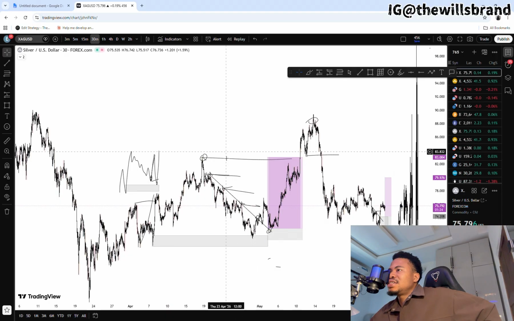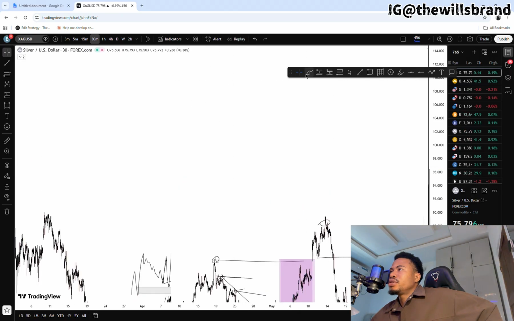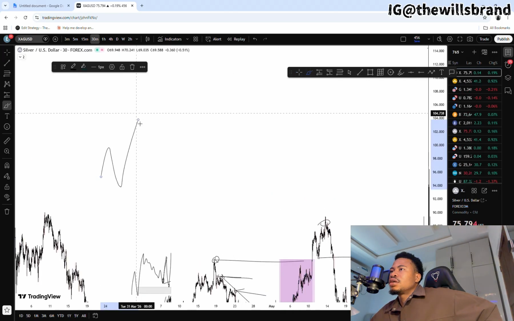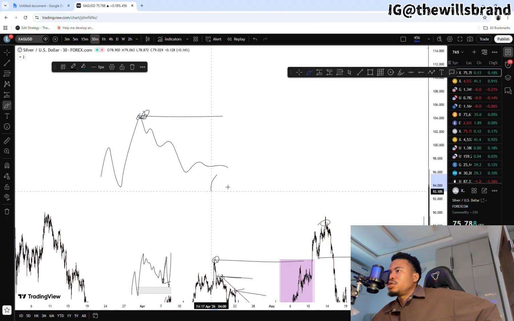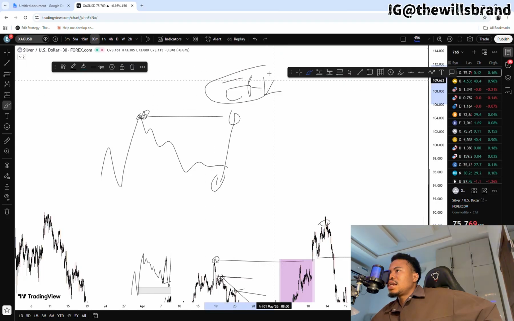External range liquidity is that high, like when we have an impulse, then the correction. So your range high is always your external range liquidity. This range high that you're going to target on the continuation, that is your ERL, which is external range liquidity. So that's where you always target.